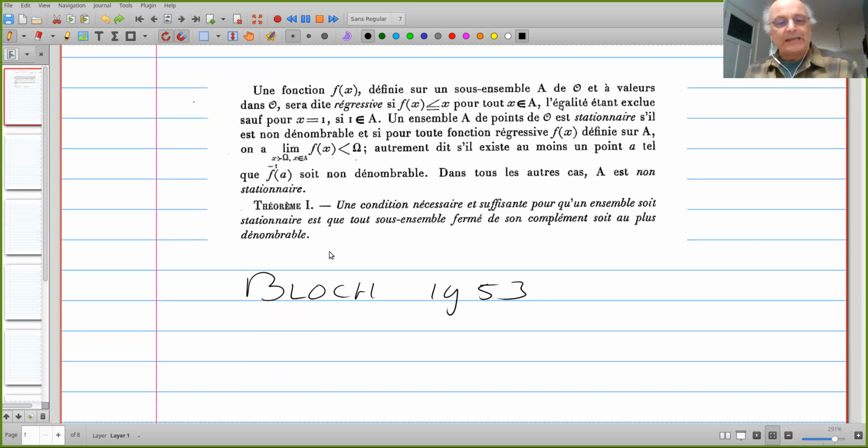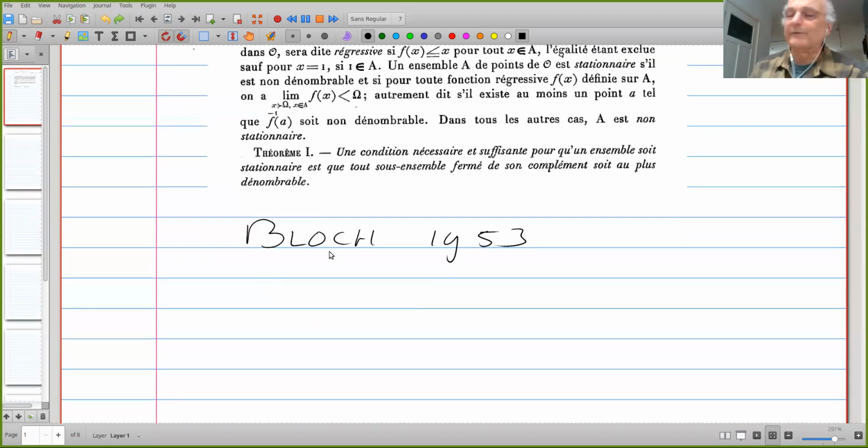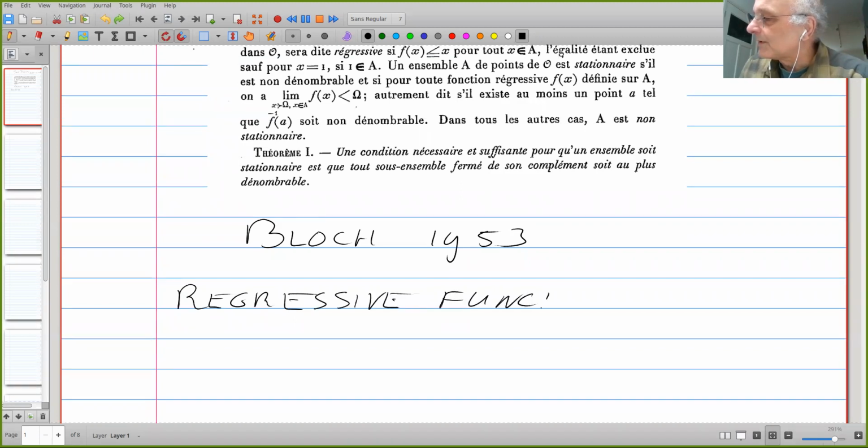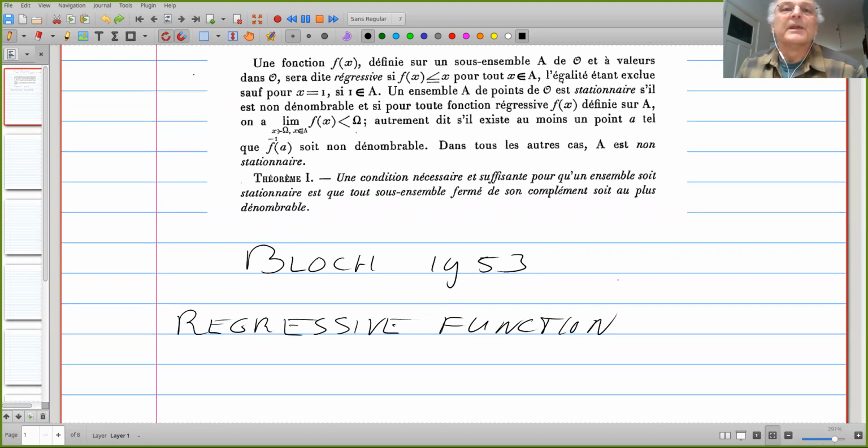The first thing that Bloch defines is a regressive function. Function on what? Well, it's a set O, and O is the set of countable ordinals in Bloch's paper.